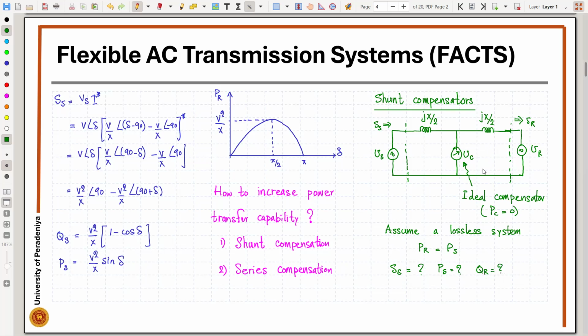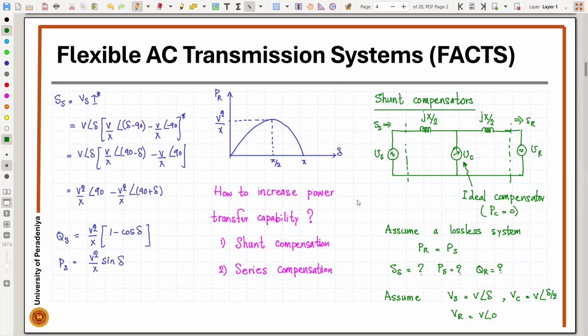So in the way that we have selected the location of the compensator, I will assume that V_s is equal to V angle delta, V_c I will assume as magnitude V angle delta by 2, and the receiving end I will assume as V angle 0. So this is my assumption.